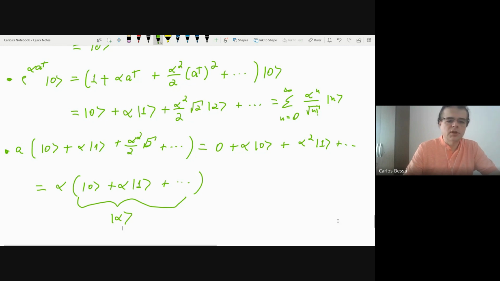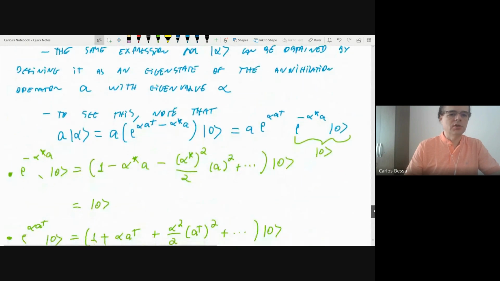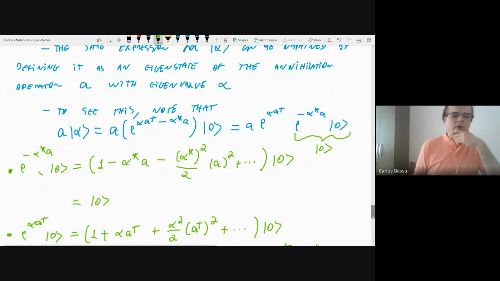This is just my state alpha, because my state alpha is exactly this one here, |0> plus alpha |1>, and the other term alpha squared over square root of 2 |2>, and so on. And just check here, alpha is this guy here.